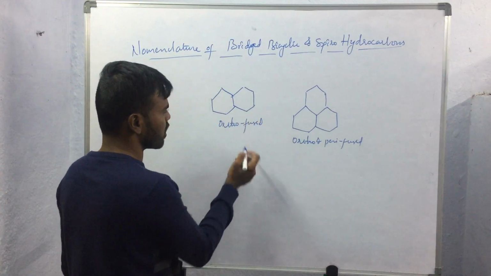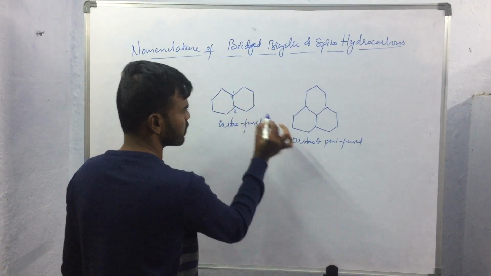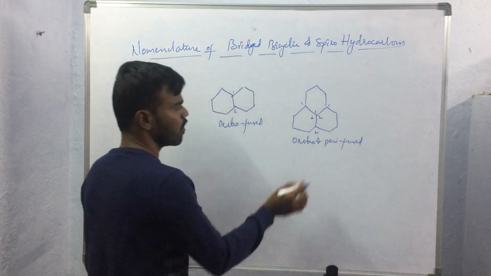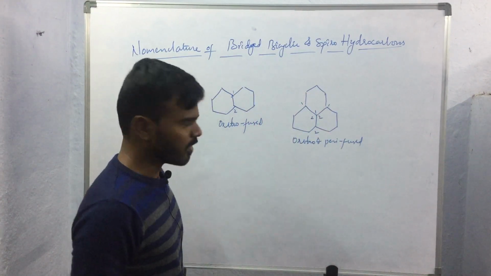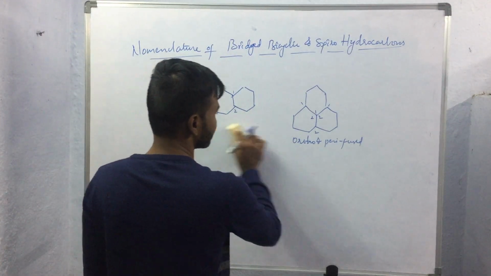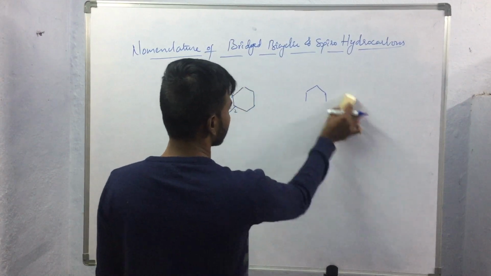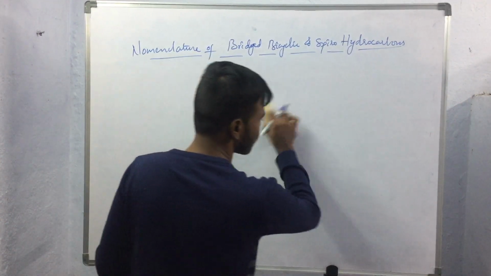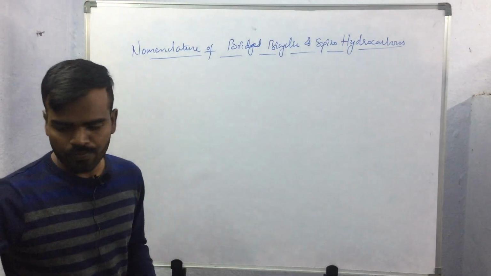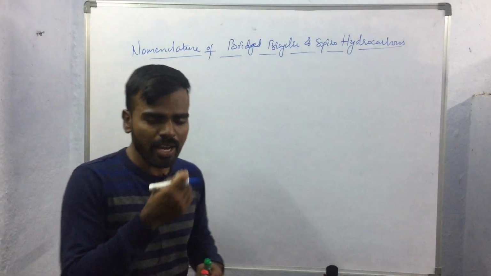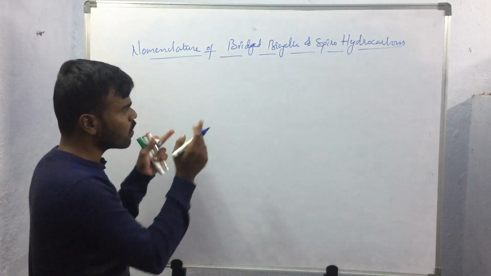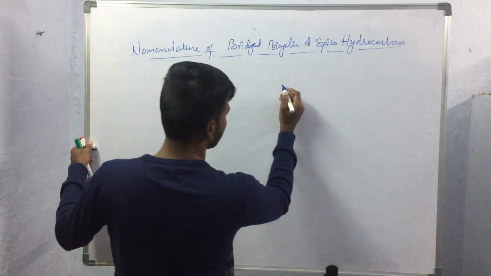In fused ring hydrocarbons only two atoms will be common for two rings. But here in bicyclic hydrocarbons, two rings will be sharing more than two atoms, two atoms or more than two atoms. Such compounds we will be calling bridged bicyclic hydrocarbons. So here, how to name these bridged bicyclic hydrocarbons?